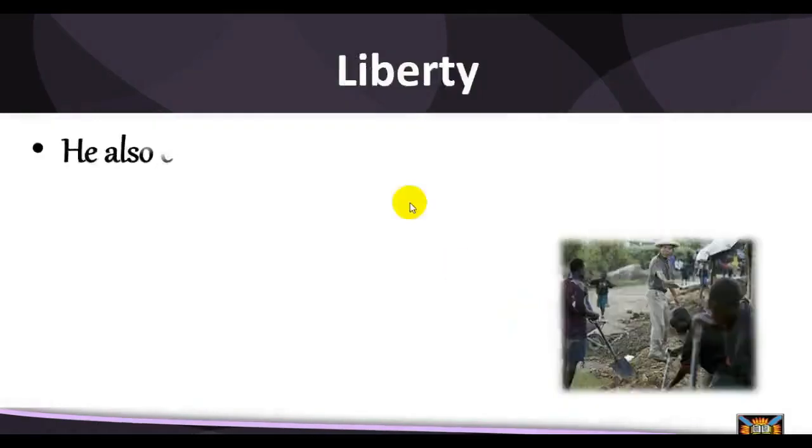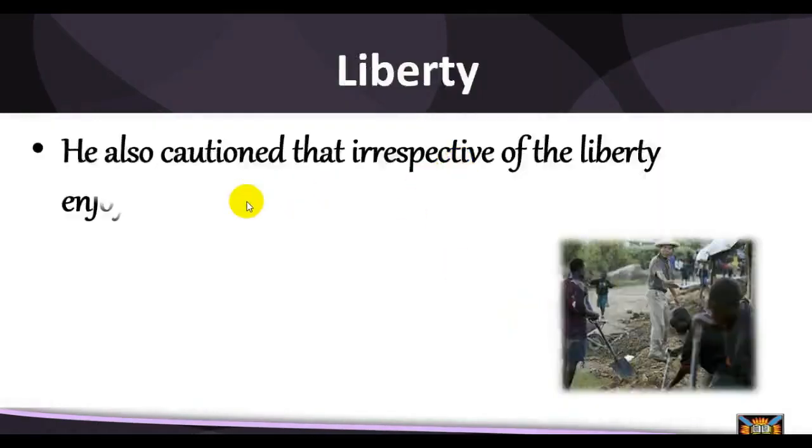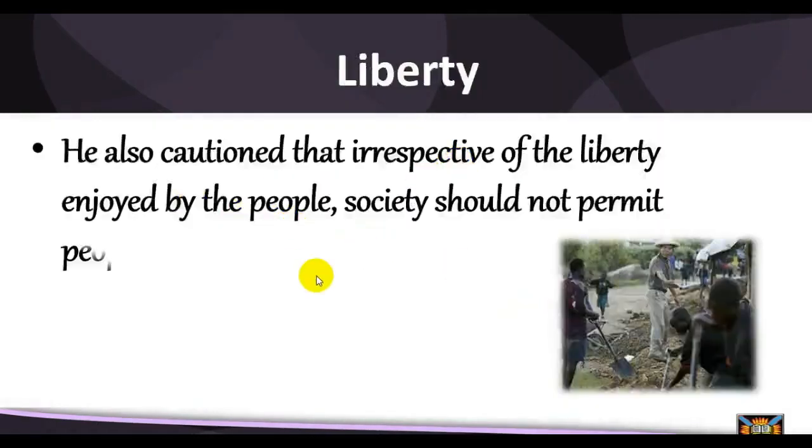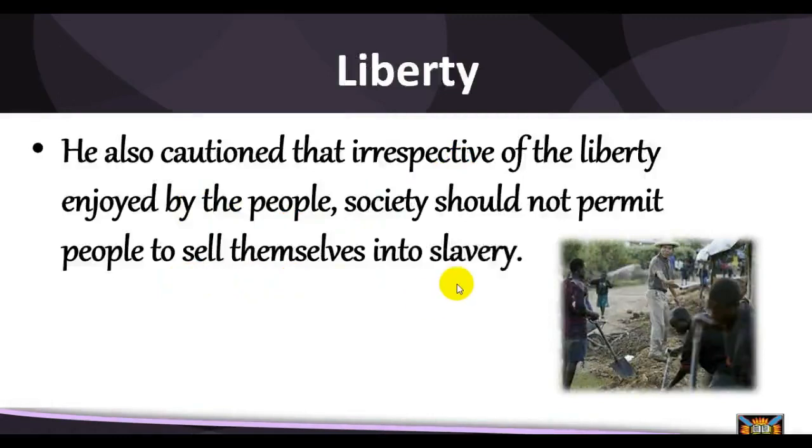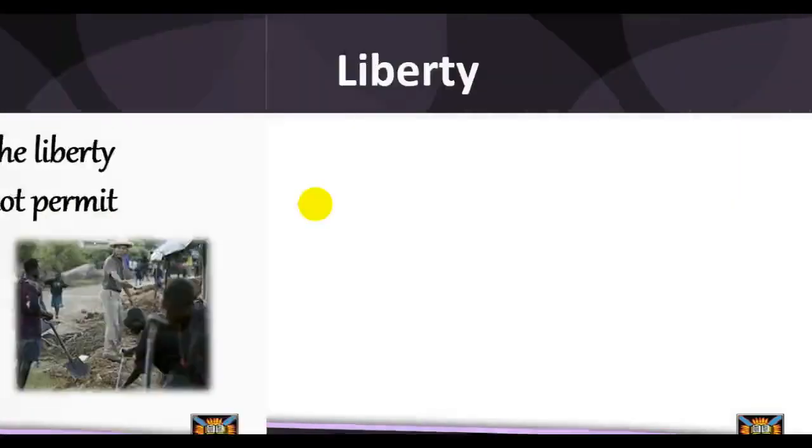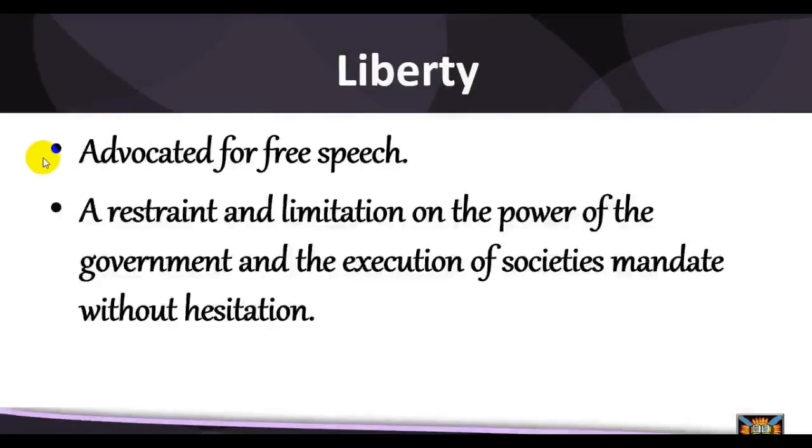He also cautioned that irrespective of the liberty enjoyed by the people, society should not permit people to sell themselves into slavery. Mill also advocated for free speech. He argued that free discourse is a necessary condition for intellectual and social progress. He thus encouraged that people should air their views.